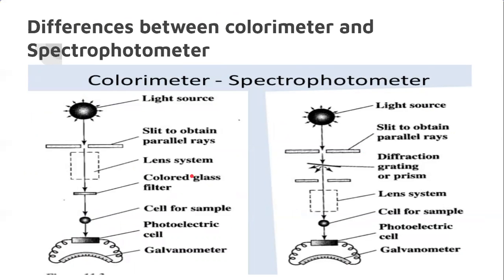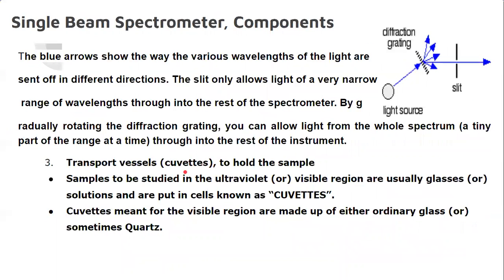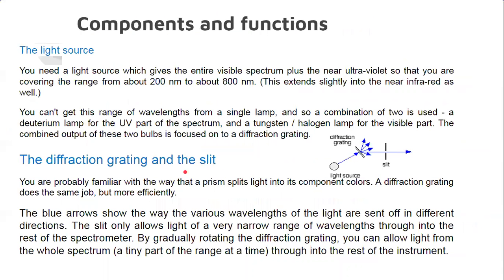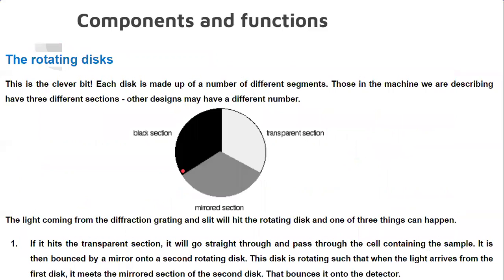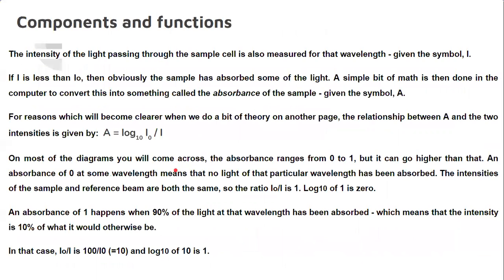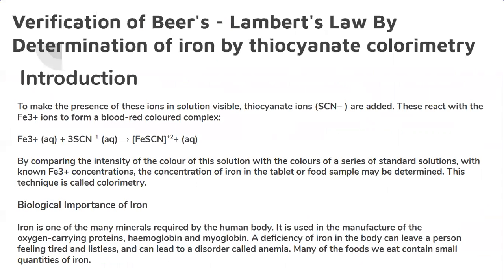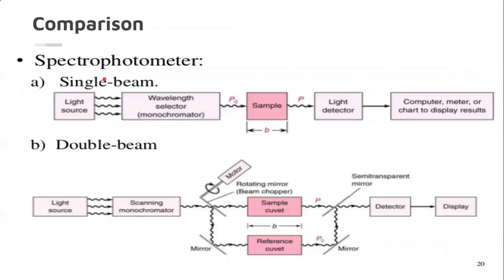After that, we will discuss applications of the spectrophotometer: estimating the amount of transition metal elements, particularly chromium and manganese, present in steel. Next class we will discuss those things.